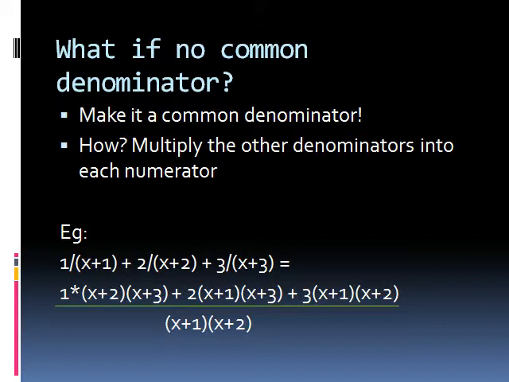So for 1 over x plus 1, if we want the base x plus 1 times x plus 2 times x plus 3, 1 needs to multiply by x plus 2 and x plus 3. Similarly, for 2 over x plus 2, we have to multiply 2 by x plus 1 and x plus 3. And lastly, 3 has to be multiplied by x plus 1 and x plus 2.